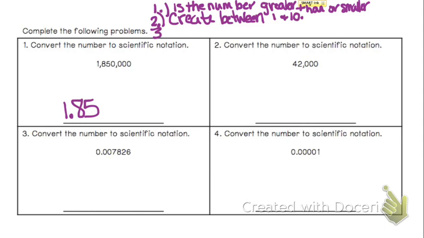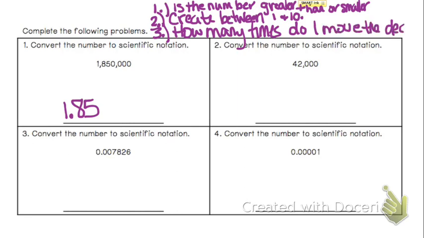That goes back to my third question: how many times do I move the decimal to create my number between 1 and 10?